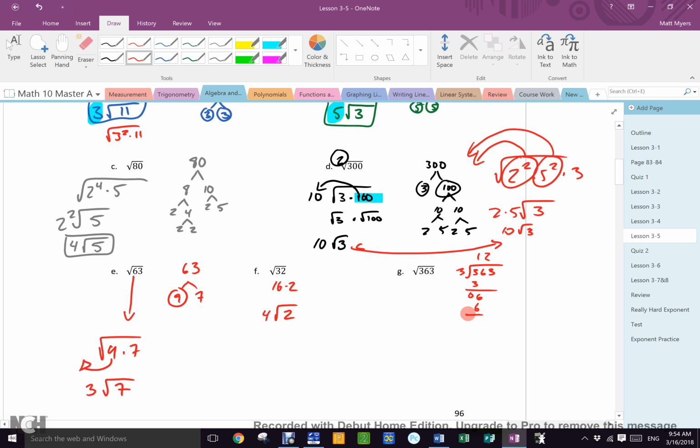Twice. 6. 0, bring down the 3. How many times 3 go into 3? 1. So it's 121 and 3. Can I stop there? Yeah. Why? 1 and 11. Yeah. That's cool too. That just takes slightly longer.